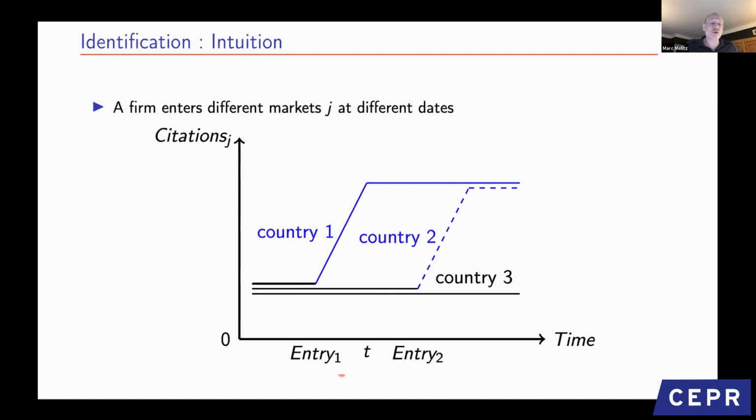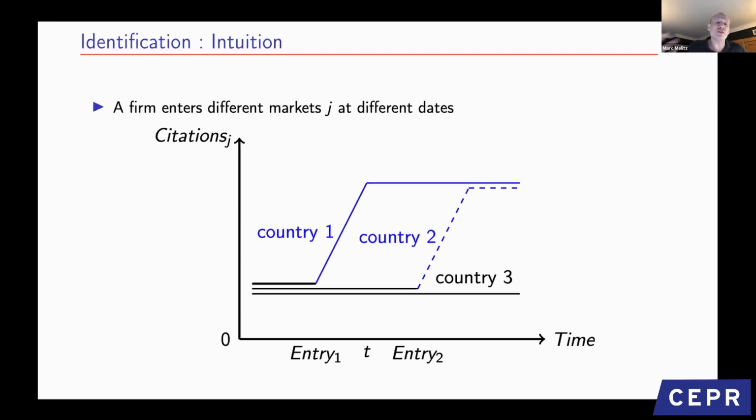In particular, at time t, relative to the total number of new patents citing this French firm's existing patents, are there more of those citations that come from country 1, which the firm has just entered, relative to other countries?